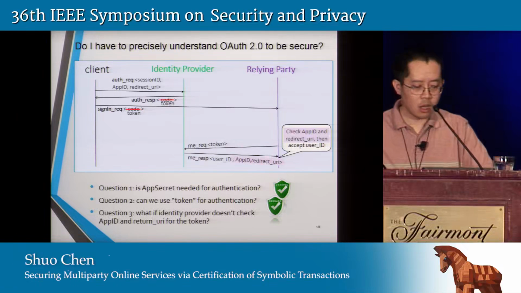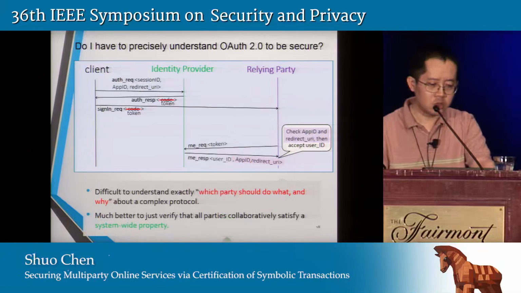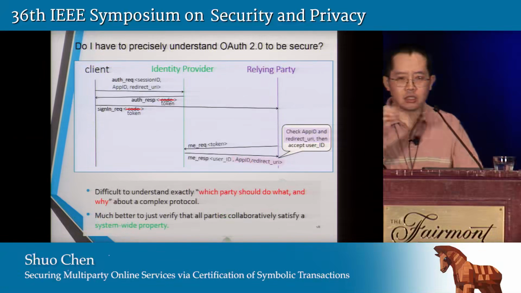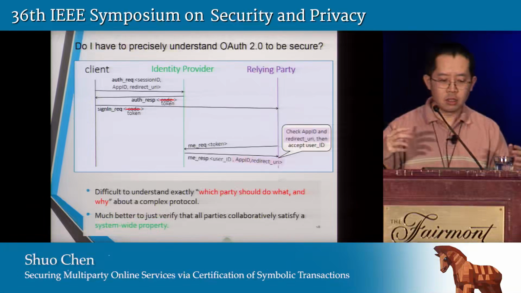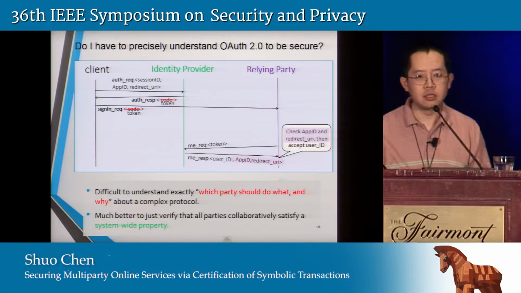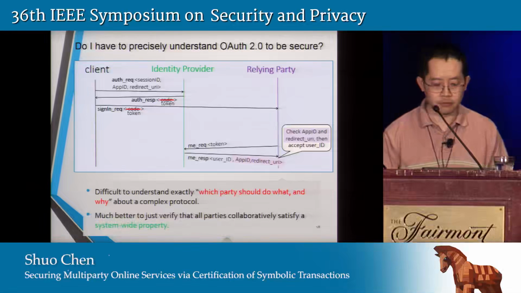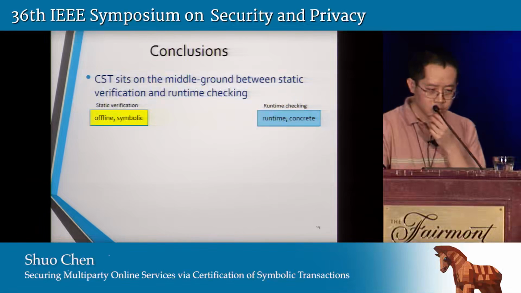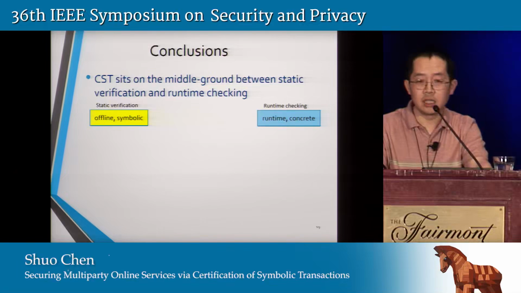So my point here is that for a complex protocol, it is very difficult to understand exactly which party should do what and why. So it is much better to just verify that all parties collaboratively satisfy a system-wide property. That is more intuitive. To conclude, CST is unique because it sits on the middle ground between static verification and runtime checking.